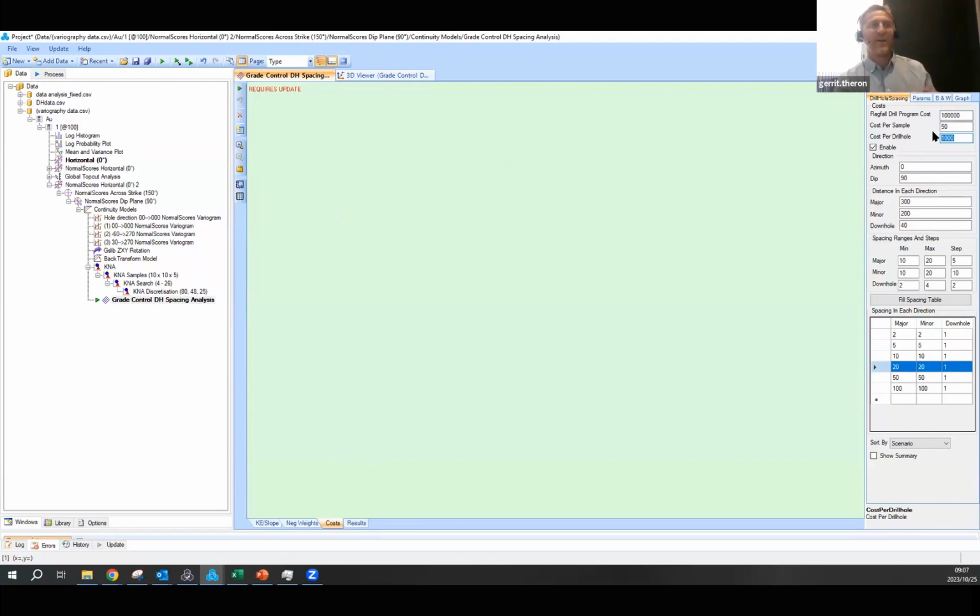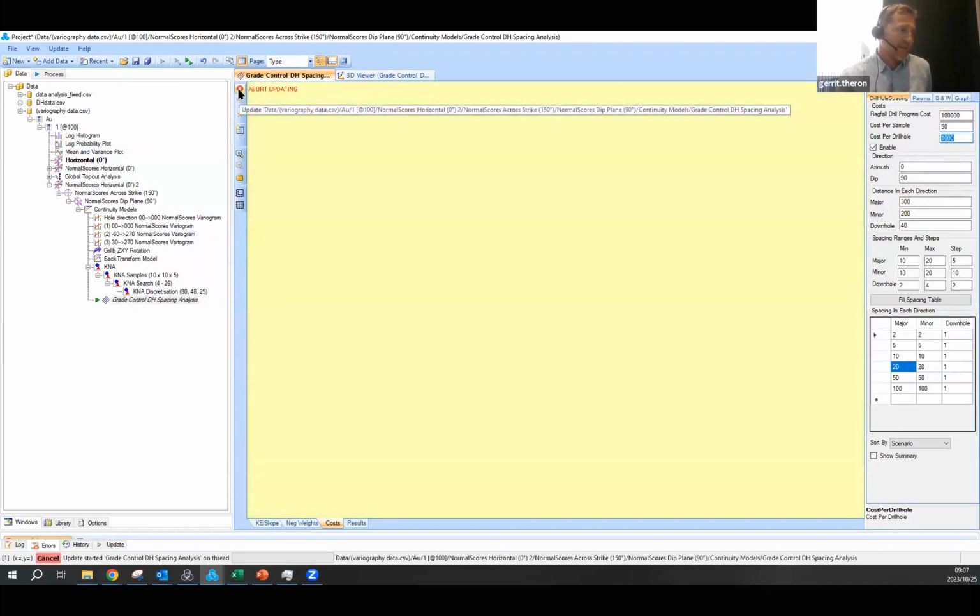And we can weigh whether it is worth spending that much more money to have only a little bit of increase in our kriging efficiency. So that's the idea behind this tool. Let's quickly run that. Maybe I was optimistic with the 1 by 1, the 1 meter sample interval, sorry. There we go, it's almost finished.